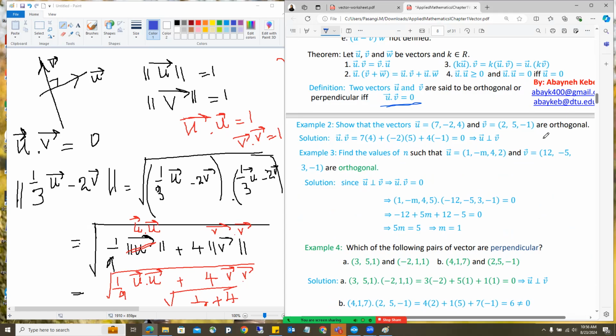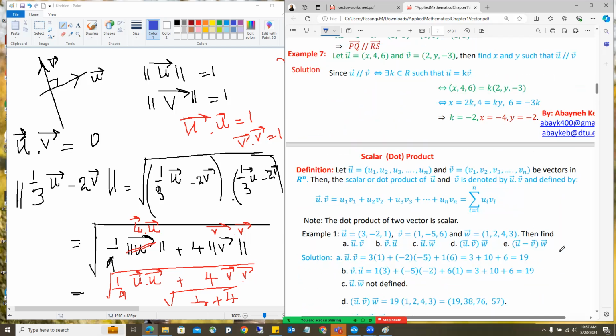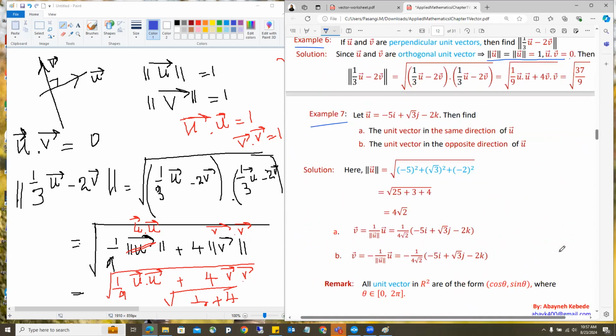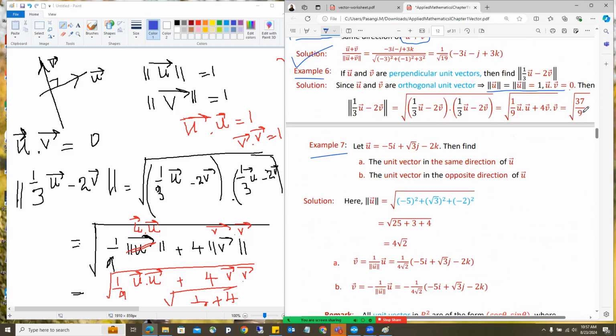To show that these two are orthogonal, what would be the condition? We need to check if the dot product is equal to, okay, this one is not that one. Okay, we were doing here, 37 over 9.